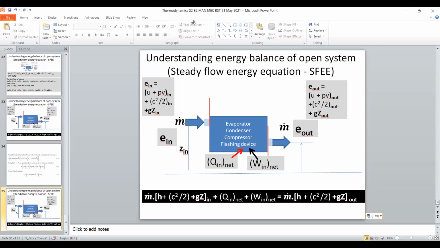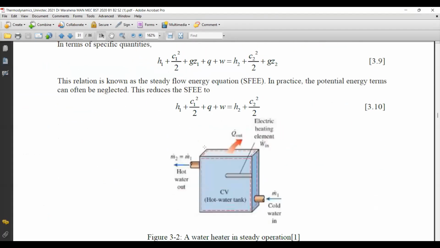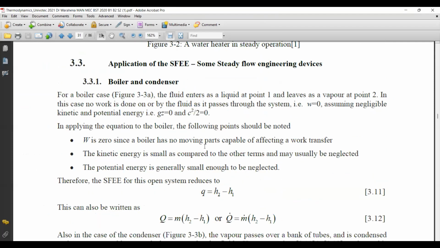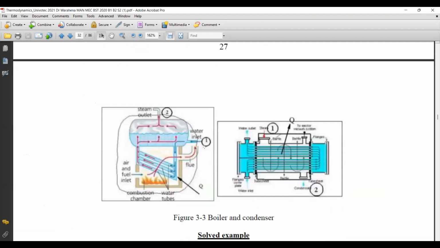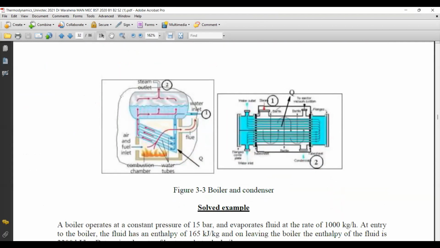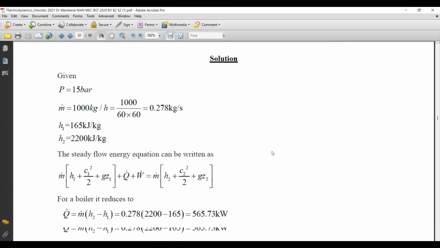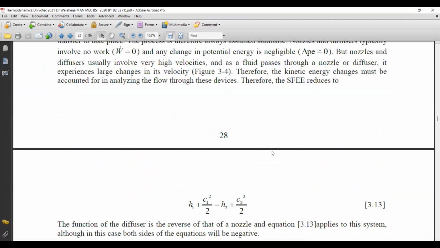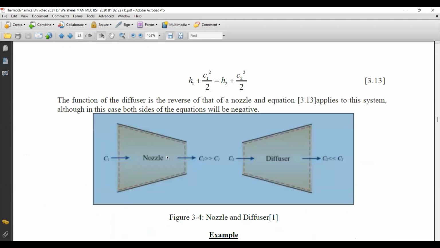So if we go to your notes again, boilers and condensers, nozzles and diffusers.